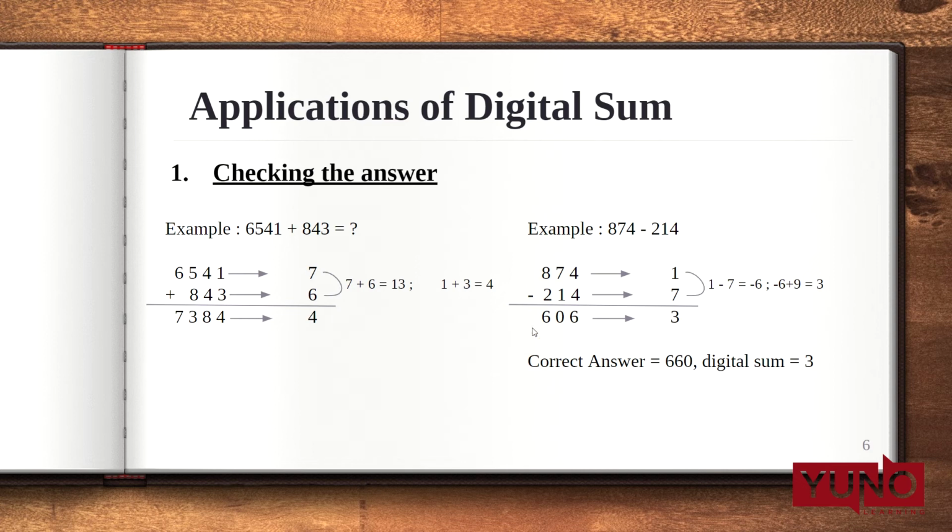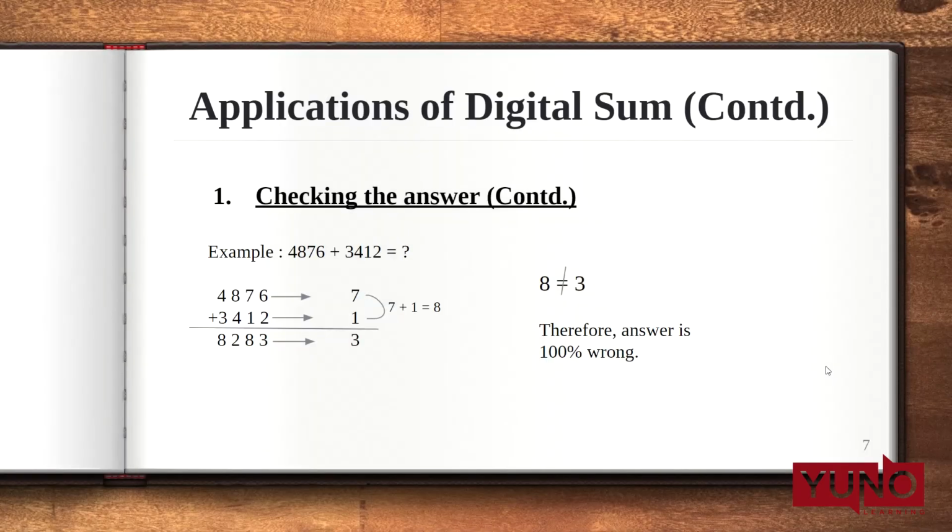Now, 606 is a wrong answer. But what we see is that the digital sum of 606 matches the digital sum of the numbers. That means that even if the digital sum is matching, we cannot say that our answer will be 100% correct. We can say it may be correct. So the correct answer is 660, whose digital sum is also 3.